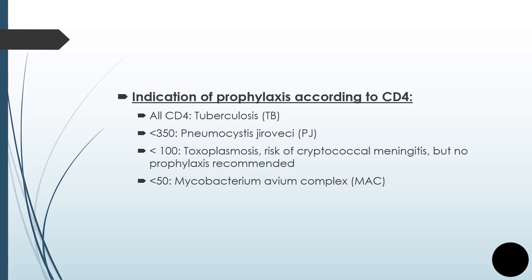However, if the patient is already on PCP prophylaxis with cotrimoxazole, toxoplasmosis will be covered and no additional prophylaxis for toxoplasmosis is recommended. Although there is an increased risk of cryptococcal meningitis at this CD4 count, there is no prophylaxis recommended. At CD4 count of less than 50, Mycobacterium avium complex prophylaxis is recommended.